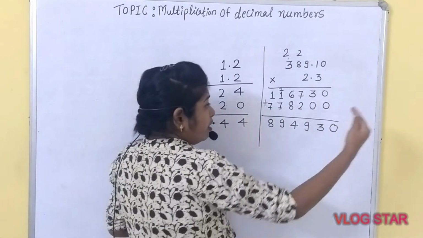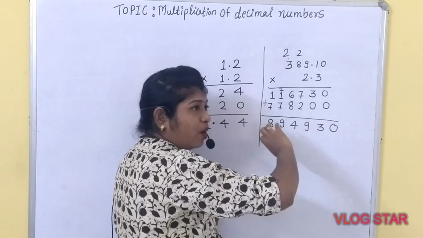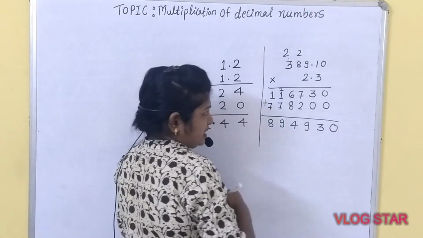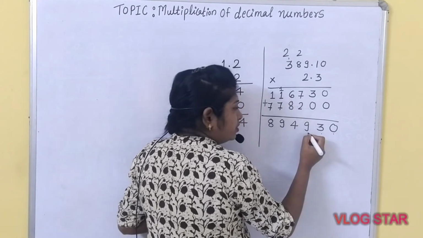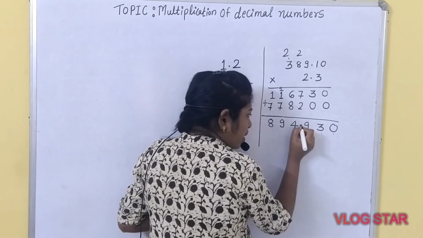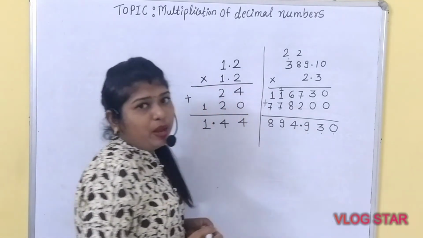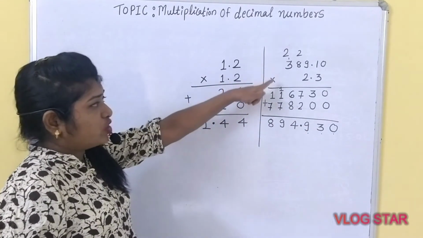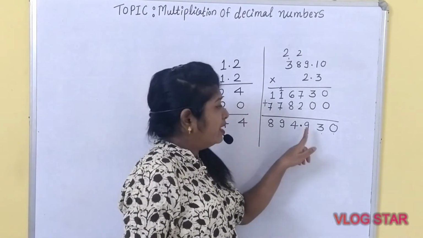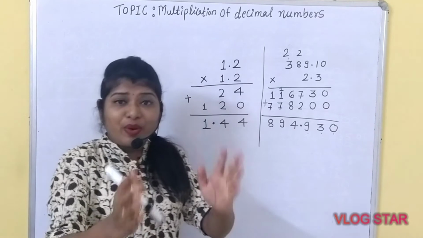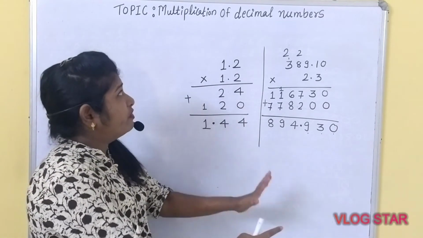So simply from the right hand side we have to leave 3 decimal places. So 1 decimal place, 2 decimal place, 3 decimal place, and then you have to put the decimal point. So what is the multiplication between these two numbers? 894.930.